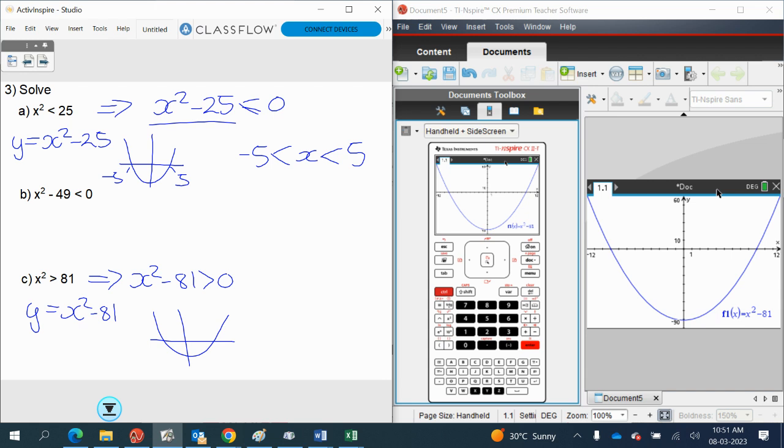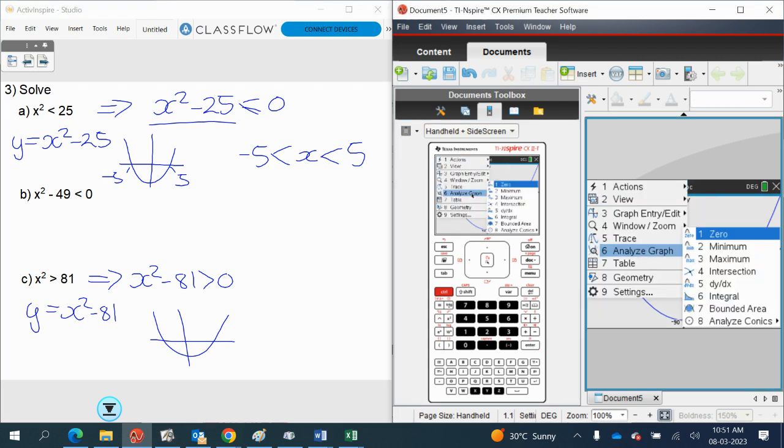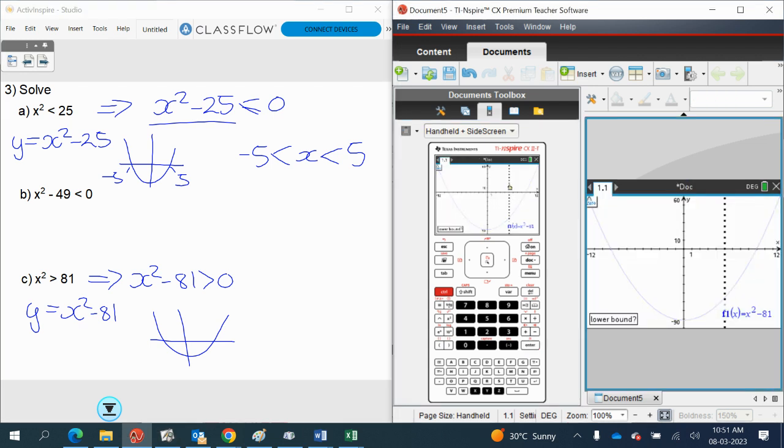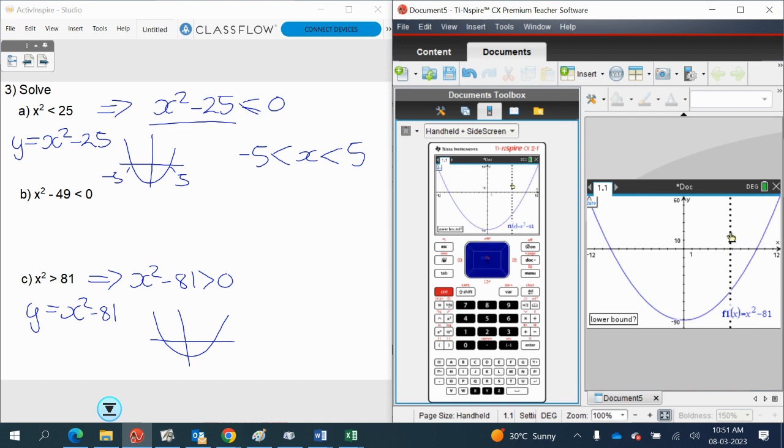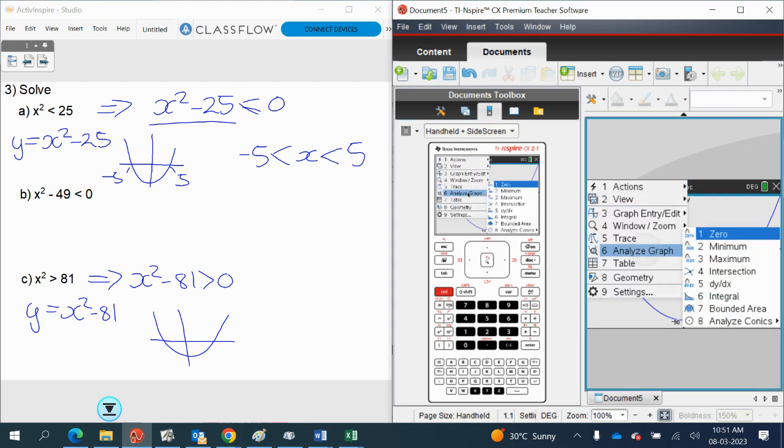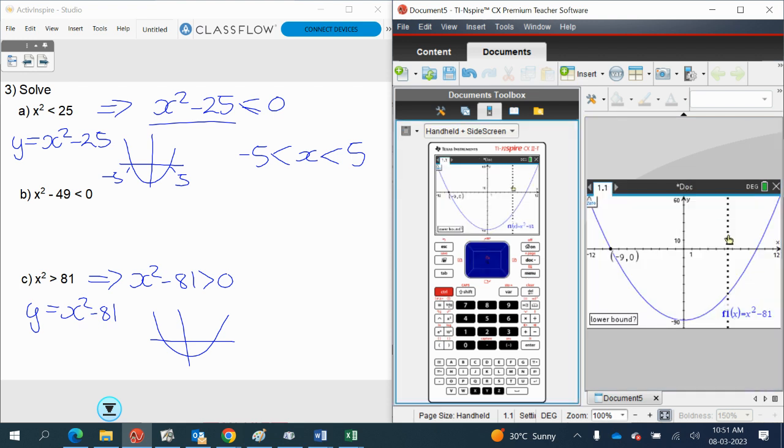We need to find these x-intercepts, find the zeros. We get one there. We get one there. So these zeros are at minus 9 and 9.